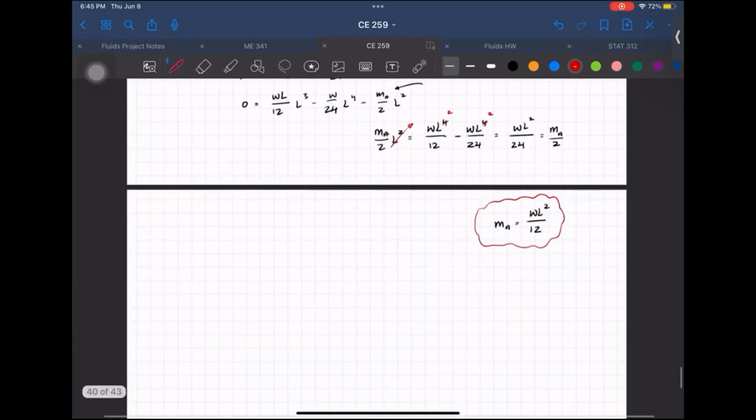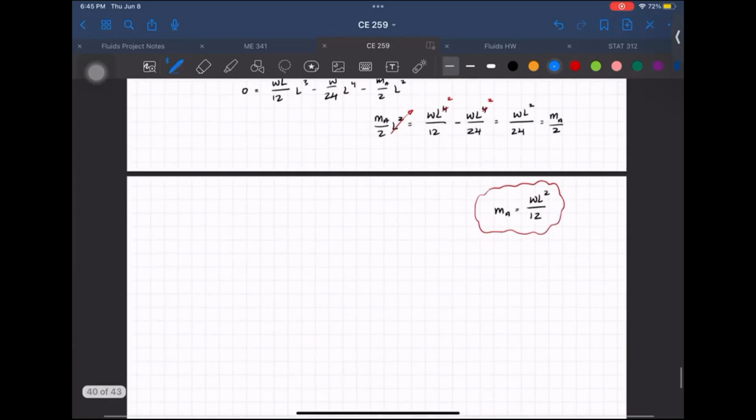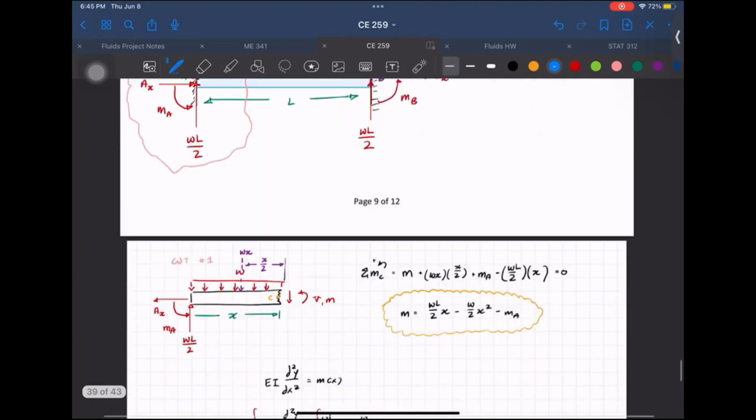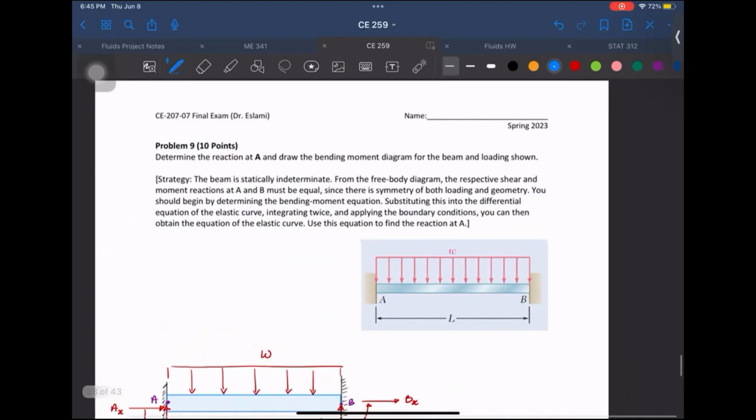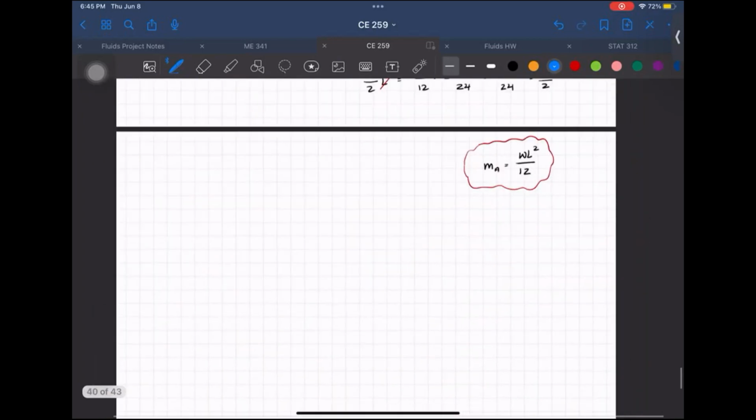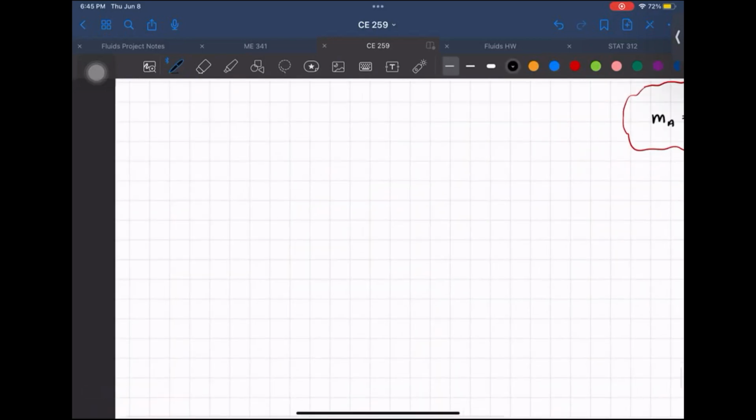So now you can just organize everything because the question itself asks to solve for the reactions at A. So your reactions at A, you had an AX, you had an AY, and you had an MA. Your AX is technically just equal to BX.